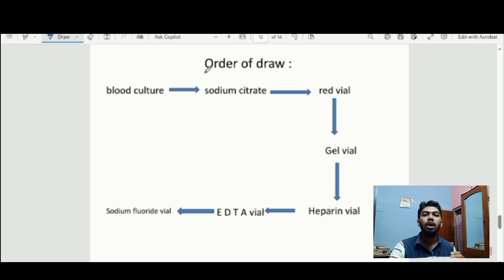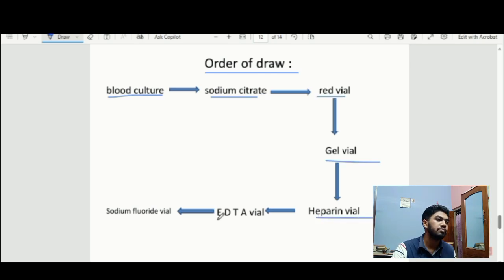Order of draw means which vial comes after which vial where you put the blood. When you are collecting blood, it should first be put in the culture bottle. Then sodium citrate, then red vial, then gel vial, then heparin, then EDTA, and at last the sodium fluoride vial. This is very important. You have to follow this every time.